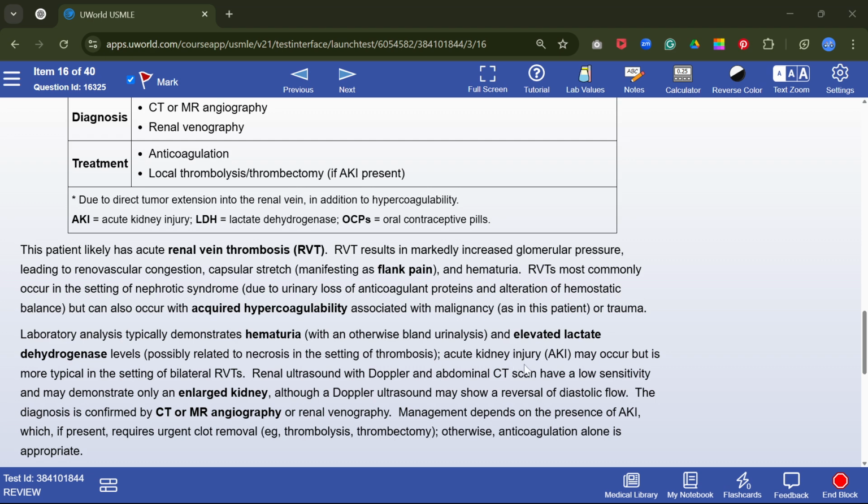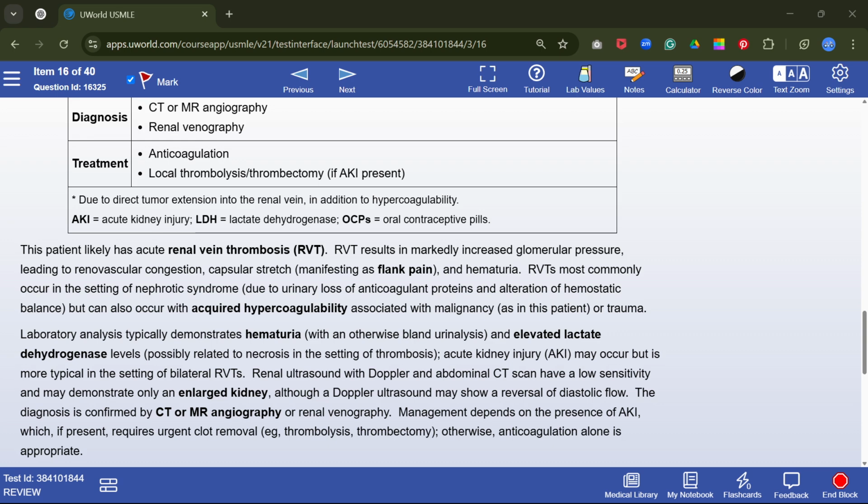Renal ultrasound with Doppler and abdominal CT scan have low sensitivity and may demonstrate only an enlarged kidney, although a Doppler ultrasound may show reversal of diastolic flow.